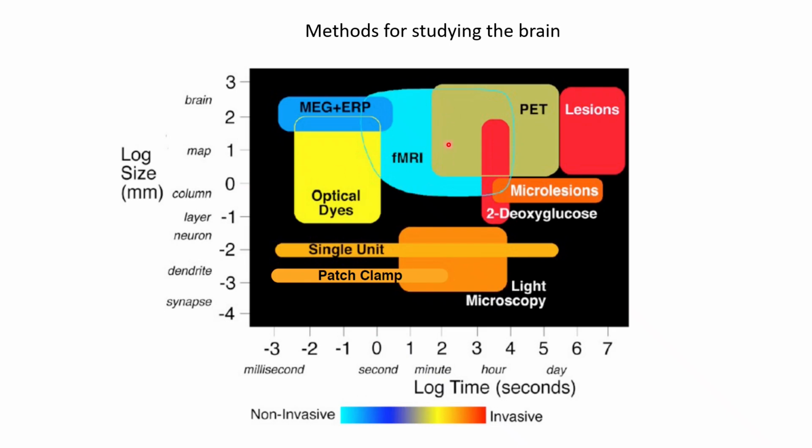Another technique that is commonly used to study the functioning of the brain in humans is electroencephalography or EEG. And if the EEG signal is measured after some specific events in the brain, then it's called event-related potential, ERP.